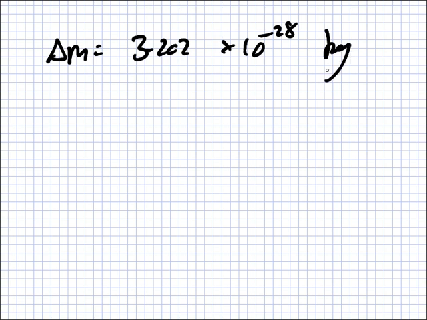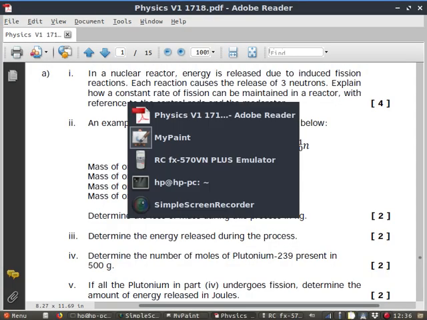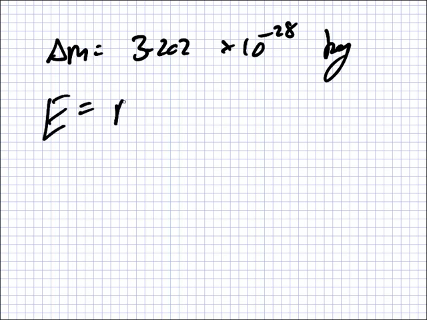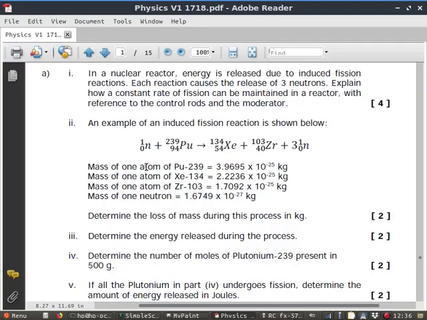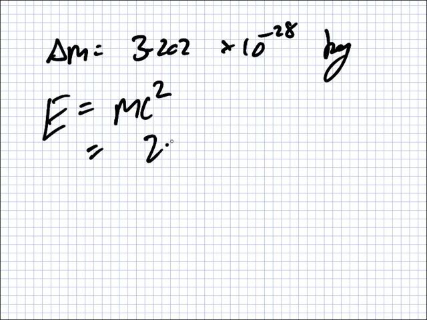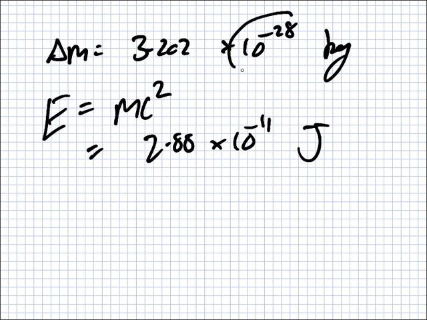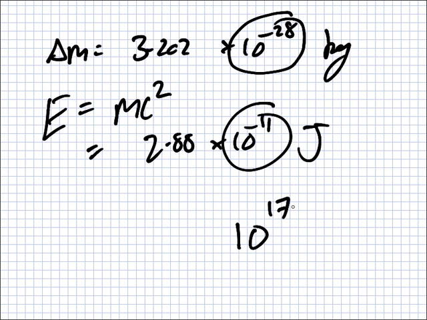Good. Okay. And the energy, you use this formula? Yes. And what did you get? 2.88 times 10 to the minus 11. But I think it's small. Huh? It's so small. No, it's not. It's really not. Because think about it. This is 10 to the minus 28 and this is 10 to the 11. That's 10 to the 17 times more.